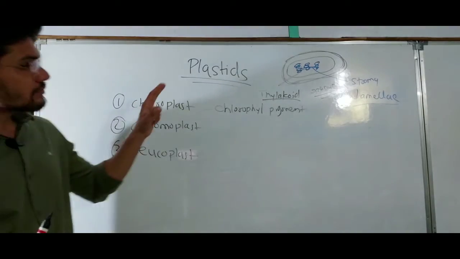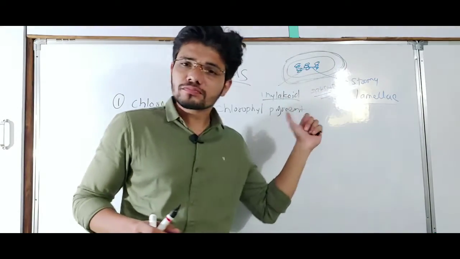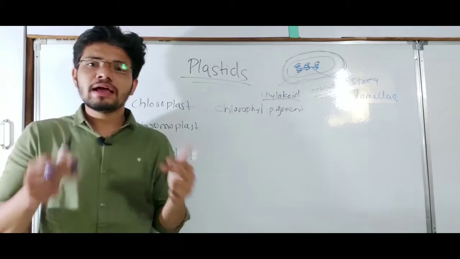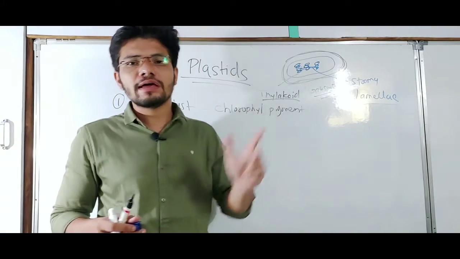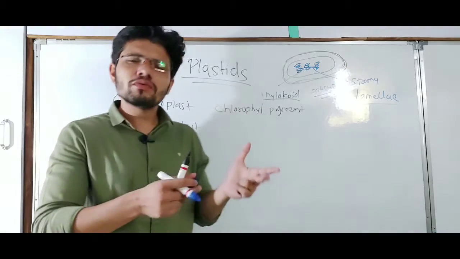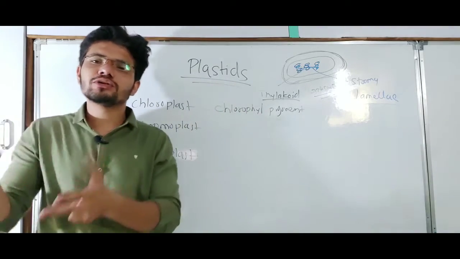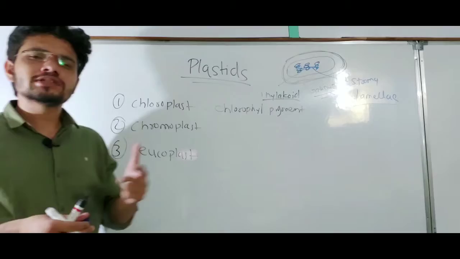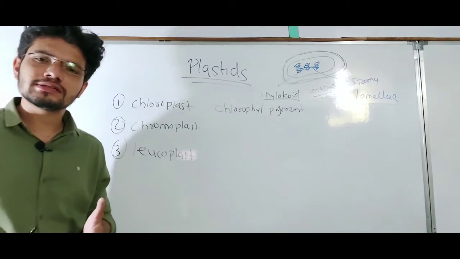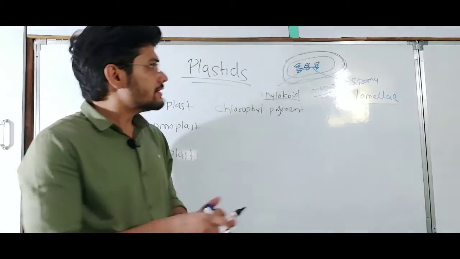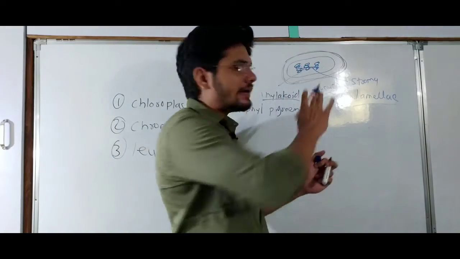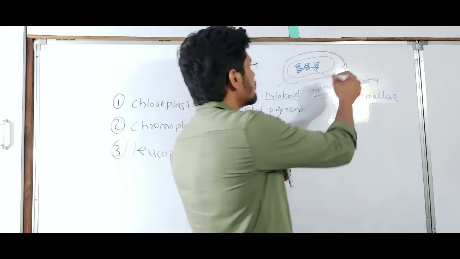In the thylakoid these chlorophyll pigments are present, and with the help of light, chlorophyll can convert light energy into chemical energy, which we are going to study in the photosynthesis part. But this was all about the chloroplast structure. The other space you can see inside the chloroplast is known as stroma.